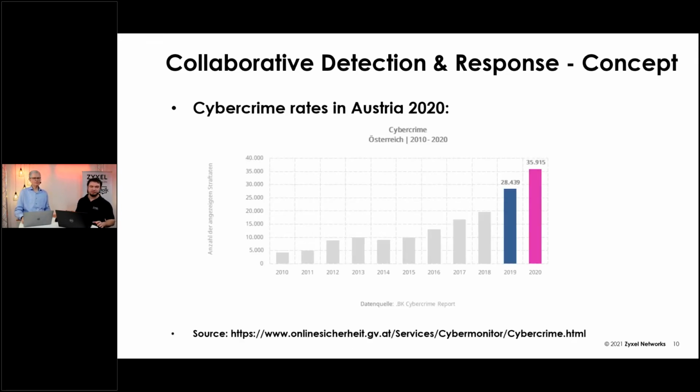Good. So the reason why we have to take a look at all of this stuff is now, of course, this is only Austria, small country, and is only 2020, but the trend, I think, can be assumed globally as well. The cybercrime rate is skyrocketing because there's more profit to make with this. So we all heard it in the news, ransomware is skyrocketing.